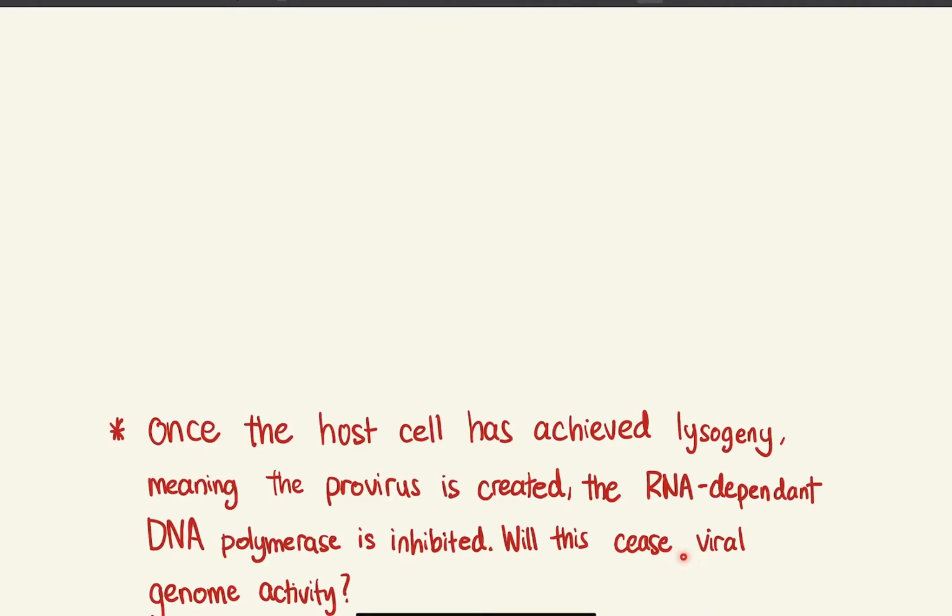Once the host cell has achieved lysogeny, meaning the provirus is created, the RNA-dependent DNA polymerase is inhibited. Will this cease viral genome activity? The first step of this question is to recognize what stage of the lysogenic cycle we are at the moment. We have been told that it's achieved the lysogenic cycle, which means that the viral genome is now integrated into the host cell genome.